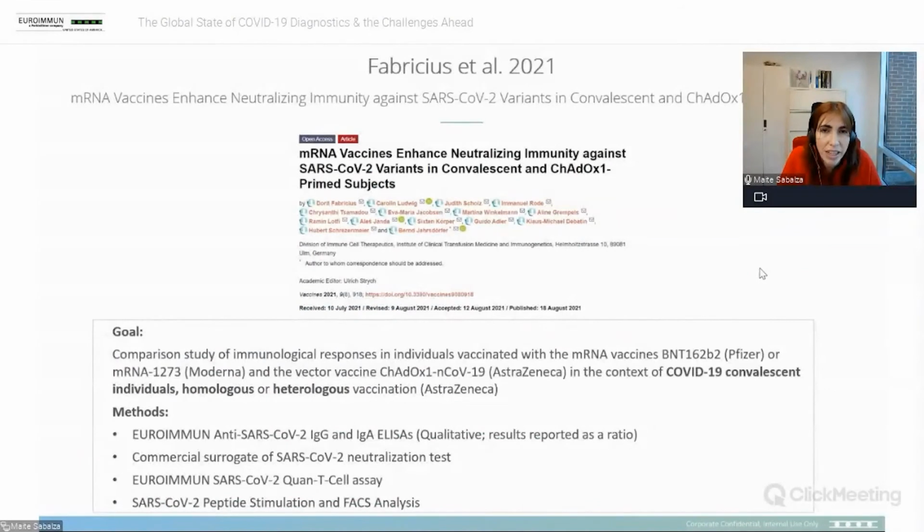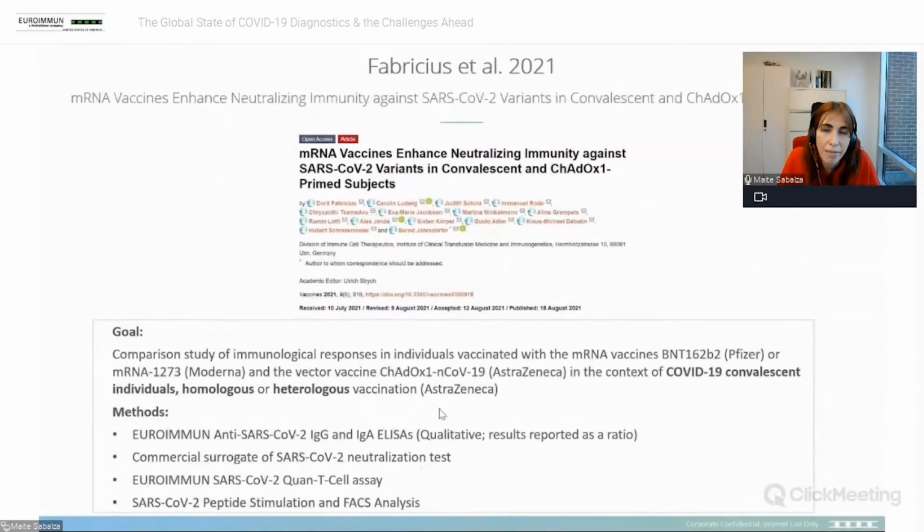The next publication is by Fabricius et al. And the goal of this study was to investigate the cellular and humoral immune response in individuals vaccinated with the mRNA vaccines from Pfizer or Moderna and the vector vaccine from AstraZeneca, in the context of previous SARS-CoV-2 infection, as well as homologous or heterologous vaccination.